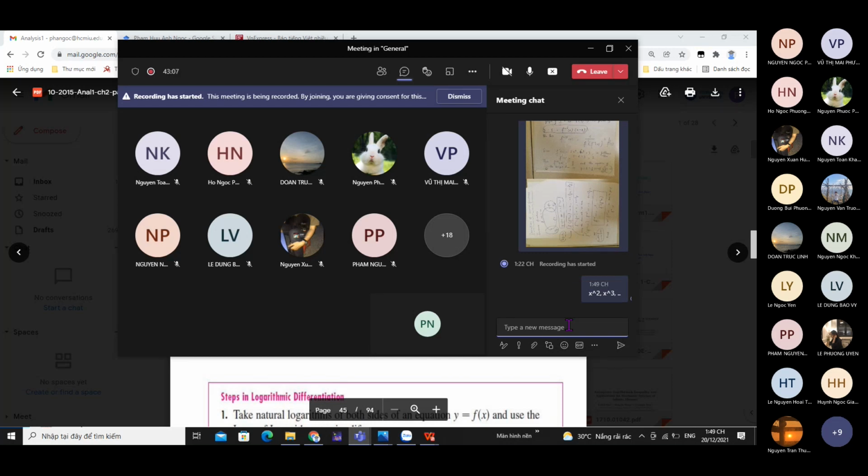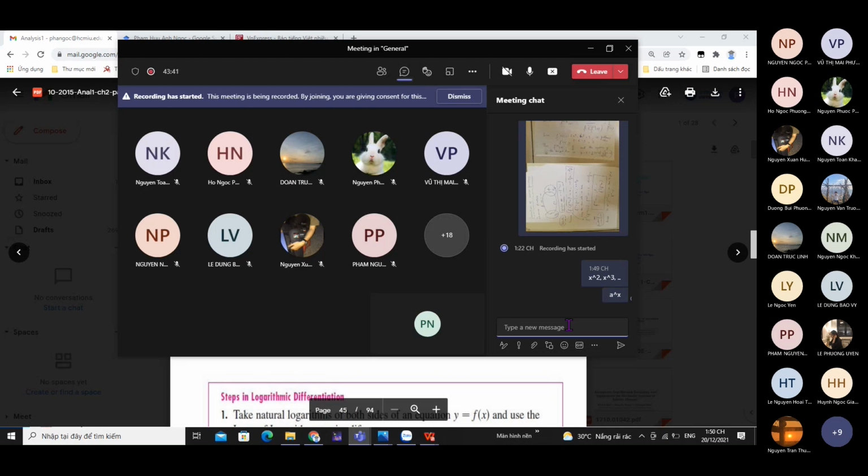is called a power function. A power function requires that the exponent must be constant: 2, 3, maybe 1 over 2, and so on. And it's not an exponential function. I mean, it is not a function of the form a to the x.